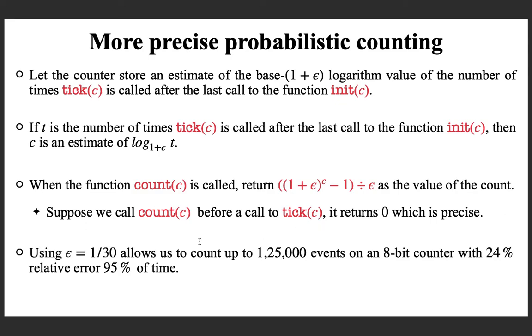And by substituting the value of epsilon as 1/30, we can see that the new implementation allows you to count up to 125,000 events with an 8-bit counter, with 24% relative error 95% of the time.